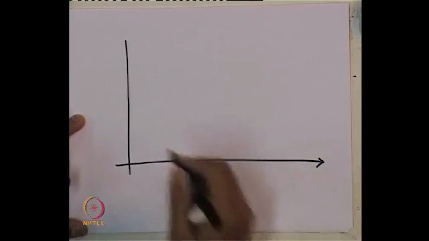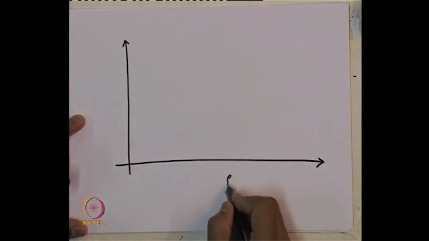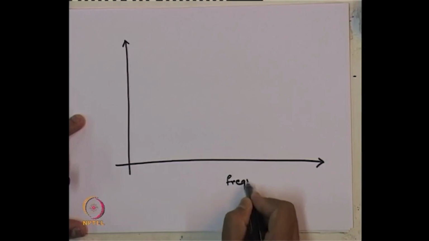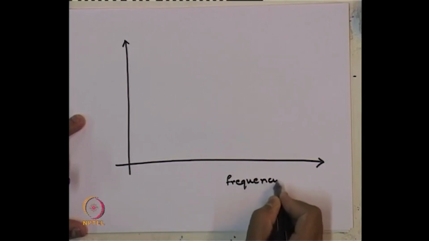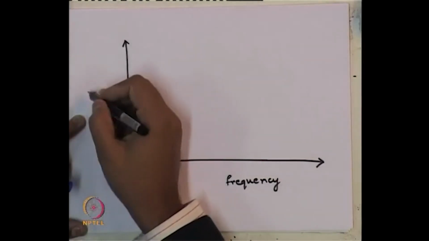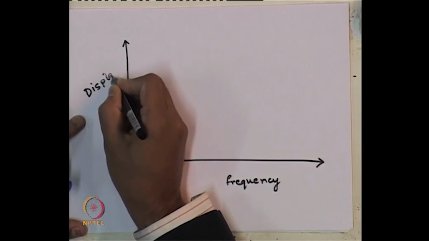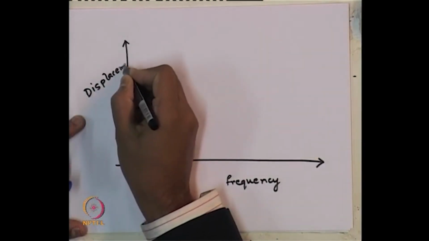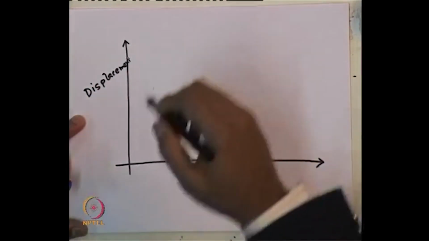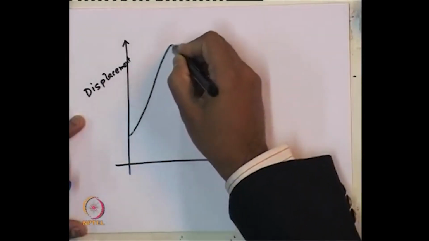If we plot typically frequency on the x axis and displacement on the y axis, the typical variation will be something like this.